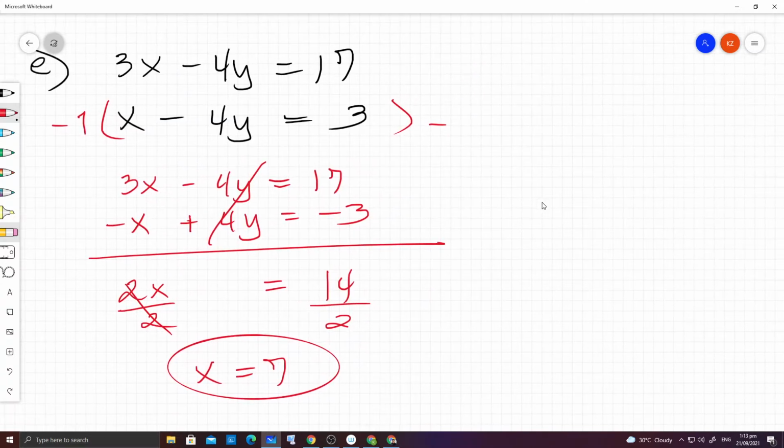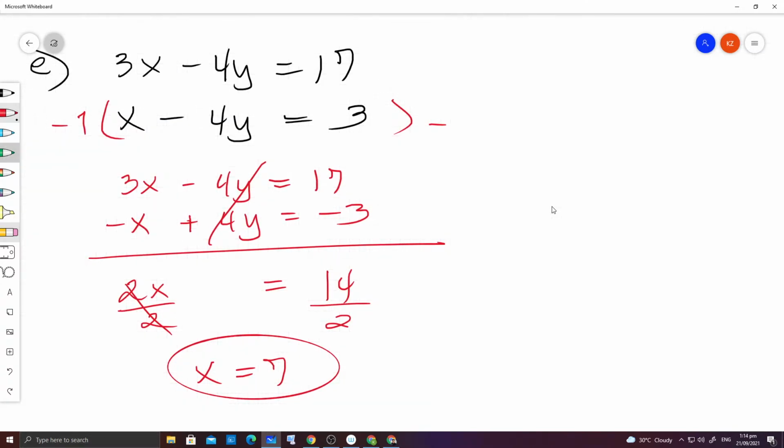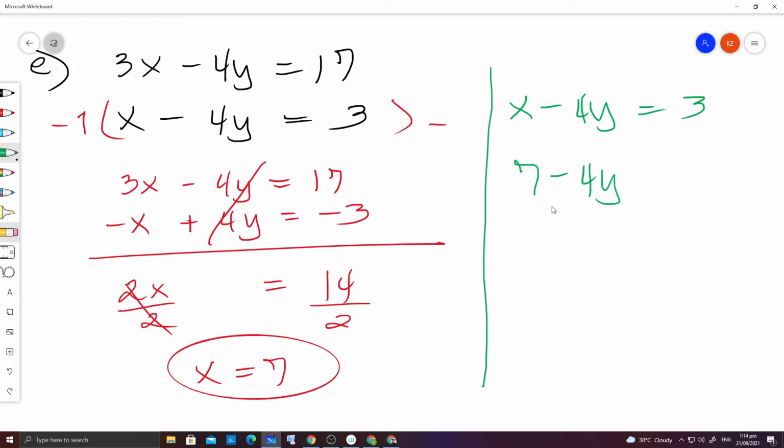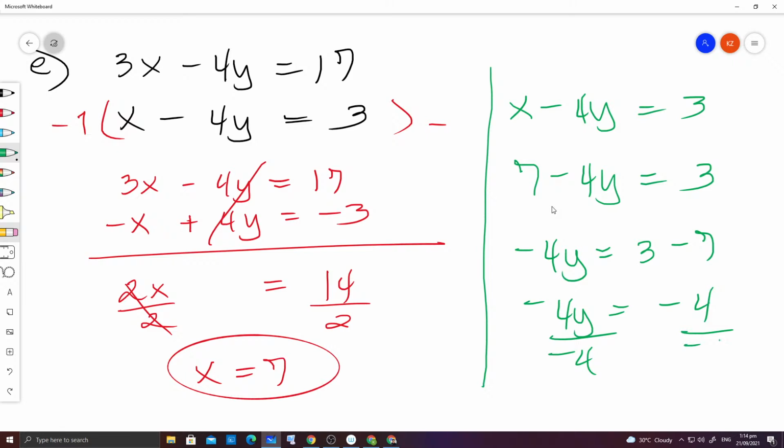For the value of y, I can use the second equation or the first, either. I want to use the second one: x minus 4y equals 3. So x is 7, 7 minus 4y equals 3. Negative 4y equals 3 minus 7. Negative 4y equals negative 4. So y is equal to 1.